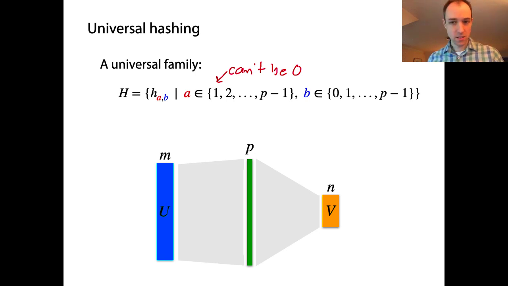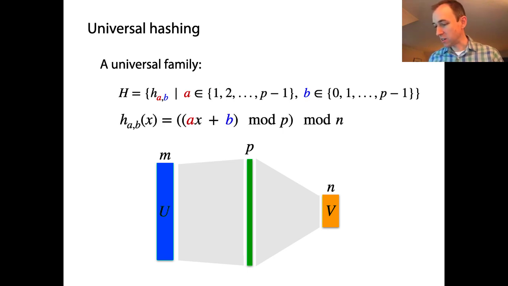Okay. All right, so we've defined the family, but we haven't said what the hash function actually does, and presumably it's going to do something with this a and this b that are its subscripts. So what is the hash function actually going to do? It's going to do the following.